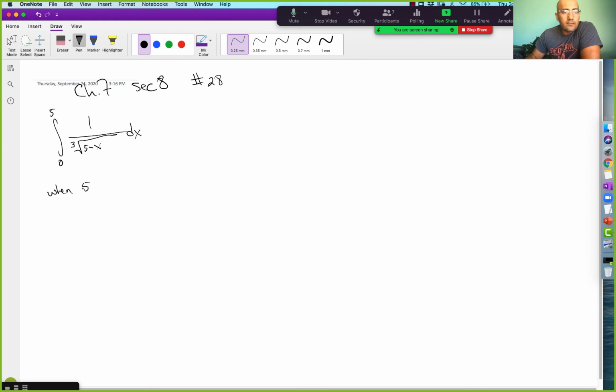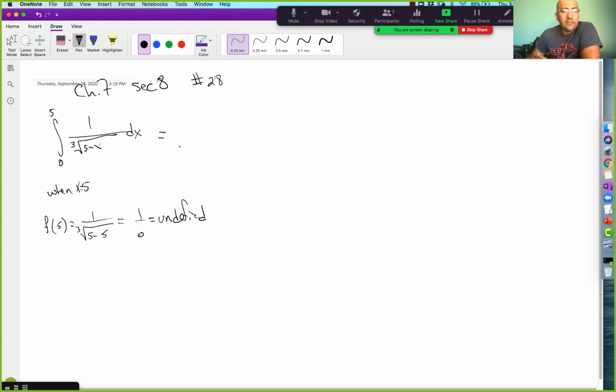When x equals 5, we end up with our function value f of 5 equals 1 over the cube root of 5 minus 5, which is equal to 1 over 0, which is undefined. Right? We have a vertical asymptote there.